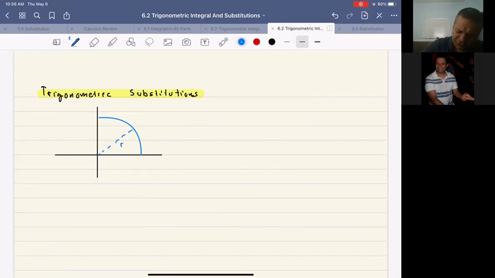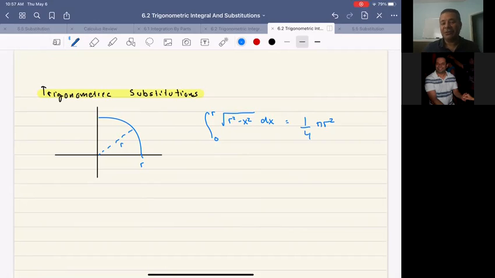If we're doing this, this is the integral from 0 to r of the square root of r squared minus x squared dx. Now, we should all know the answer to this without doing the integral. It's 1/4 pi r squared, right? Because it's a quarter of a circle.